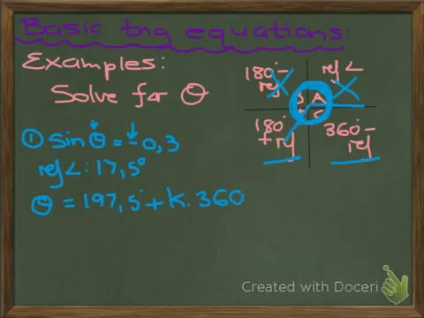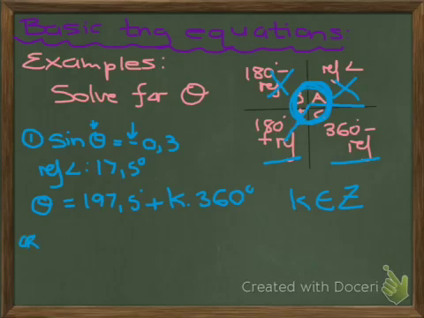Now, it's important, I can't add on part of that 360 degrees. I can only add on a whole amount of 360 degrees, which is why you always see written k is an element of Z. And obviously the Z means integers. Remember, integers are positive and negative whole numbers. So you can add on any amount of 360 degrees as long as you're adding on whole amounts of 360.